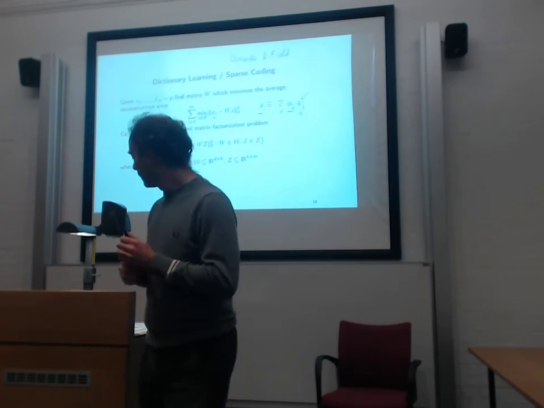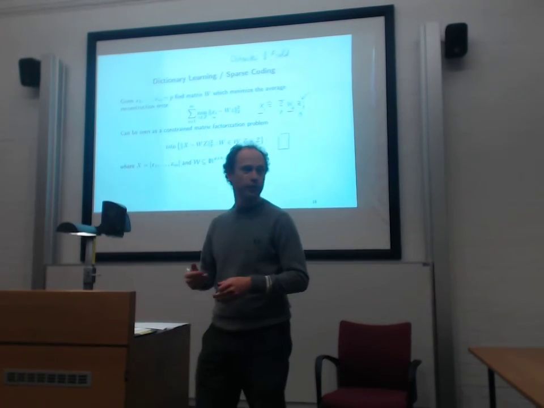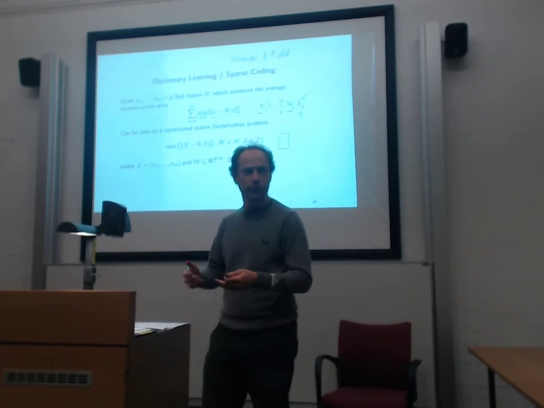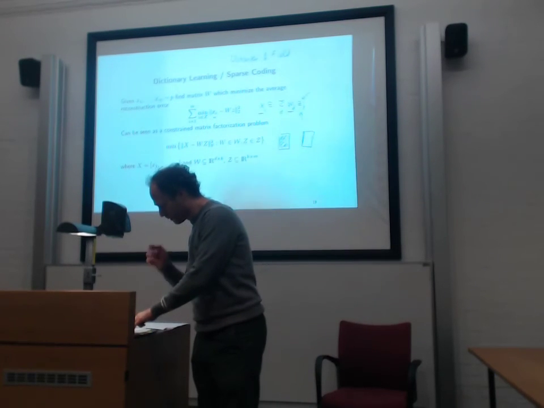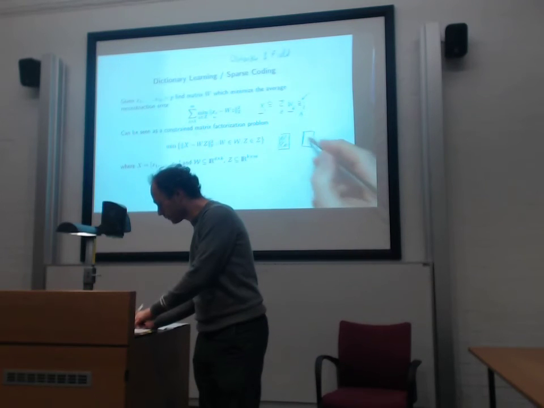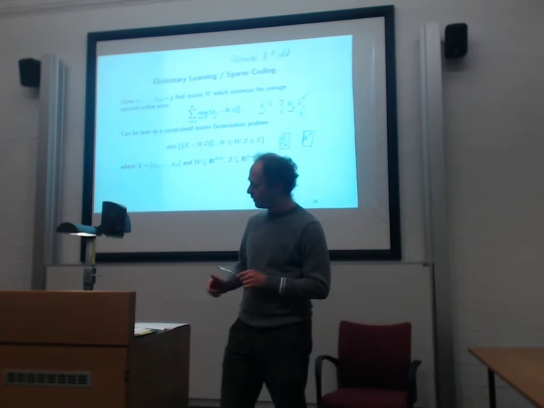So since we try to code images, all the basis vectors are images. The principal components look more like this, and the dictionary elements using sparse coding look more localized.